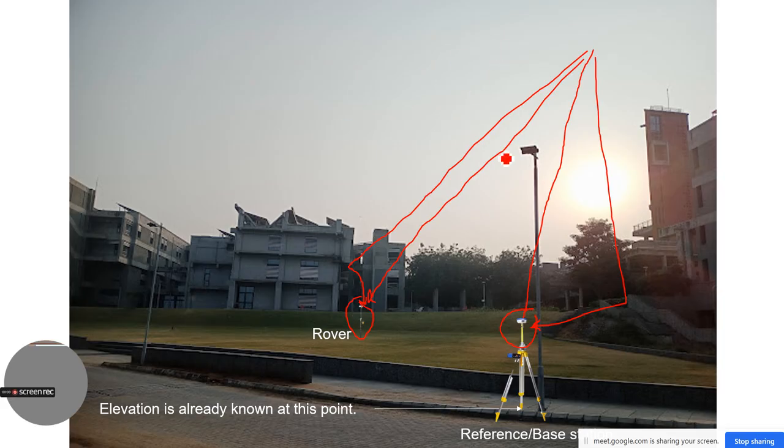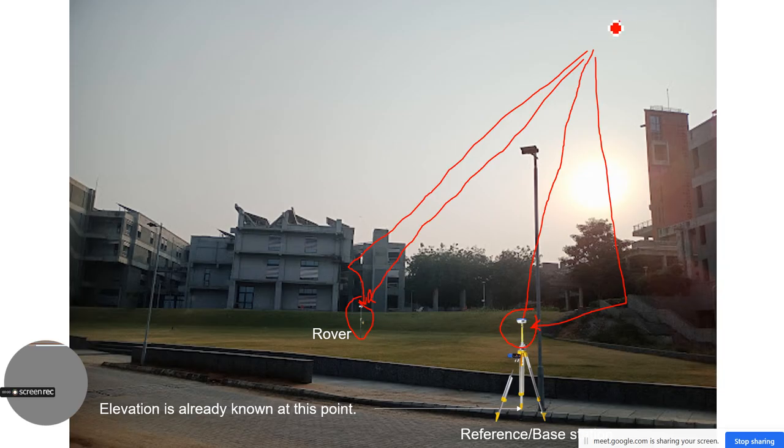But if you see the atmosphere, the atmosphere is the same. The area of atmosphere from where the signals are coming is the same for both rover and reference. So we find the same thing for the reference and we correct it for the rover.